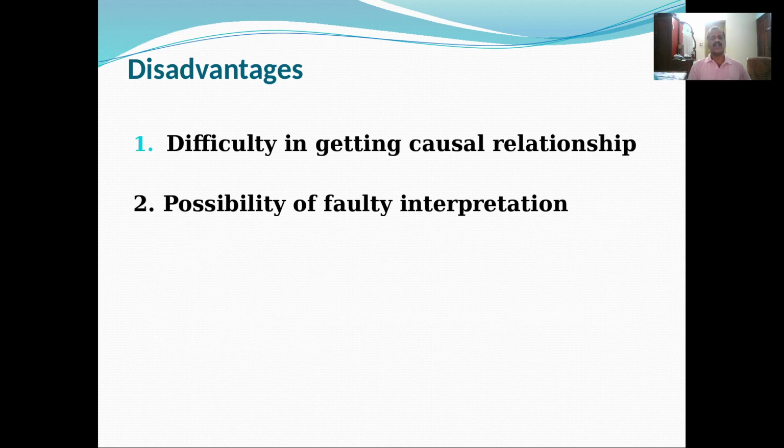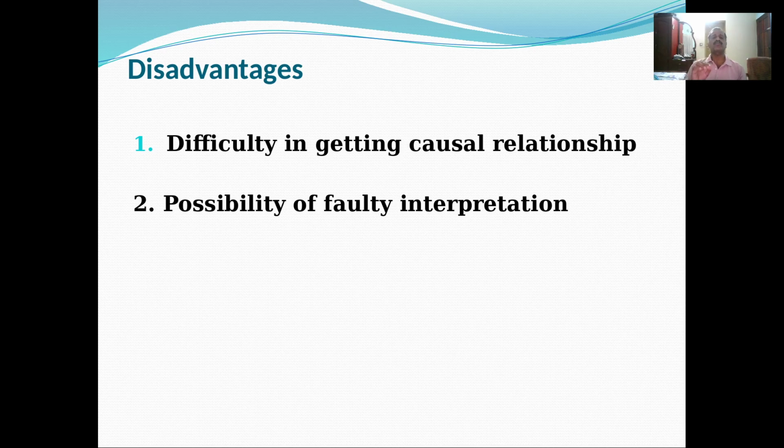The disadvantage is difficulty in getting a causal relationship, because it's very difficult to say that this effect occurred only because of this cause, as this is naturally occurring and we just want to collect data. It's mainly for descriptive purpose. The intention itself is descriptive; we don't want to get a causal relationship. So it is difficult to get a causal relationship in non-experimental design.